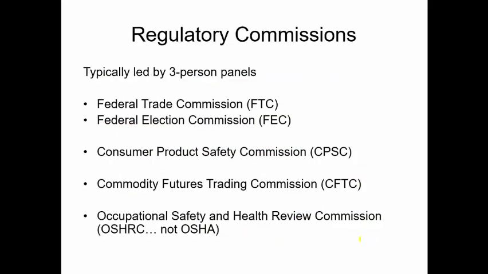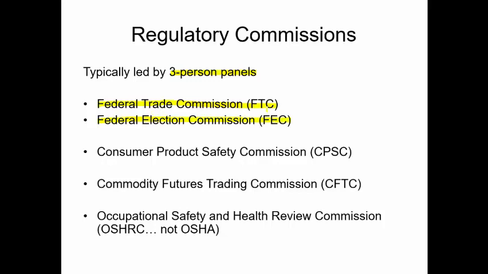And the last type of government agency is the regulatory commissions. These are typically led by three-person panels. All three are, of course, appointed by the president. And what these regulatory commissions do is provide the regulatory function over all the different sectors of our society.